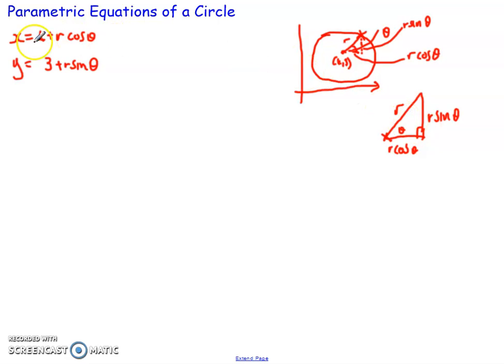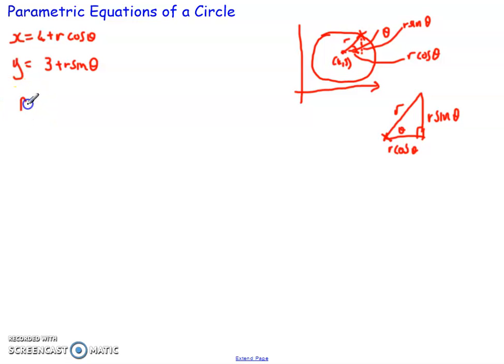What I'm going to do is take this and eliminate what I'm going to call my parameter theta. Now we know that this is the parameter because as the angle changes, so will the positions x and y. So x and y are both dependent upon this theta, so theta is my parameter and these are my parametric equations representing it. So what I'm going to do is take the x one and I'm going to eliminate theta by getting it equal to each other.